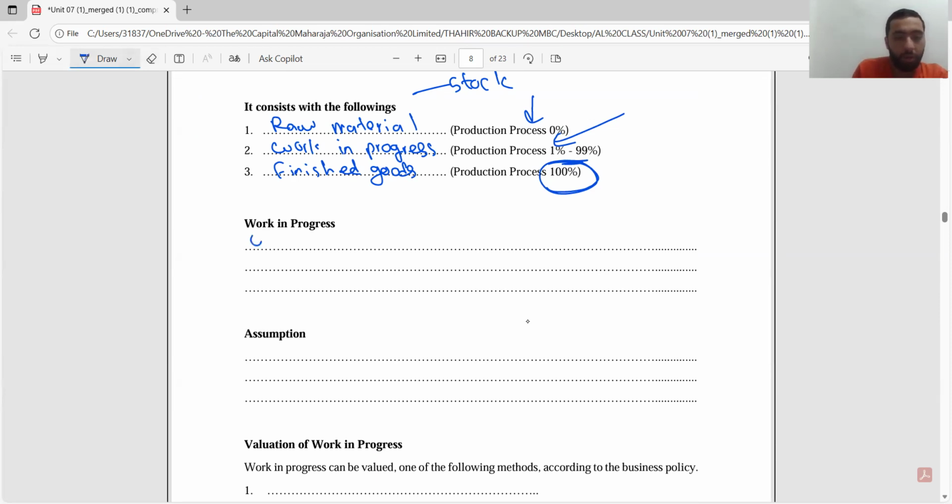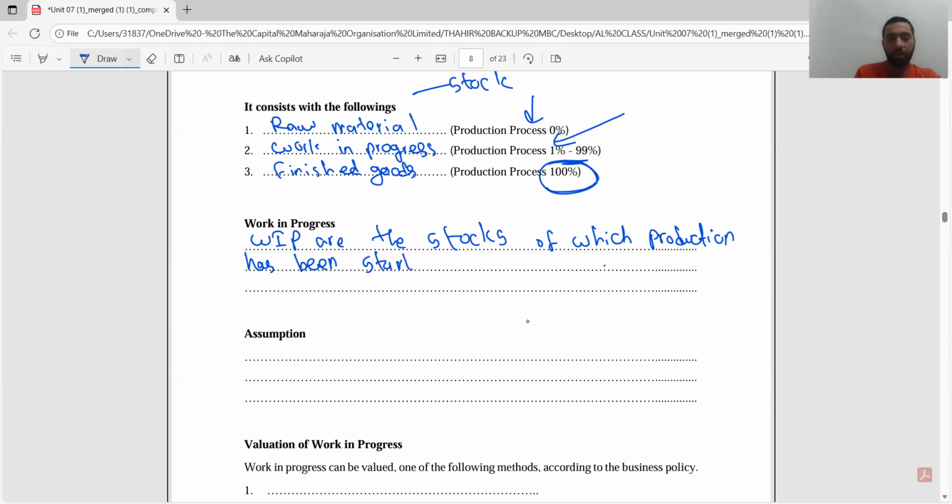WIP are the stocks of which production has been started but not yet completed. Okay, right.